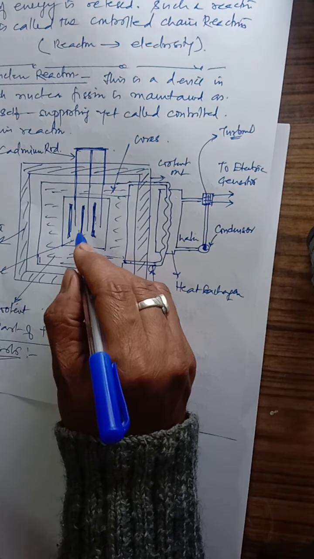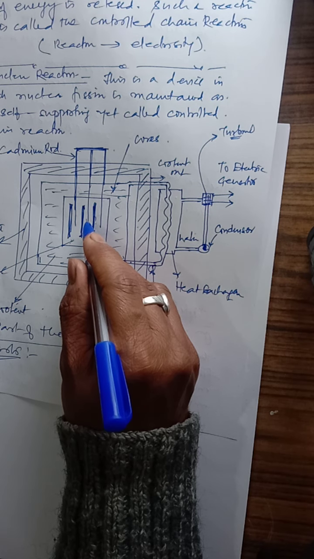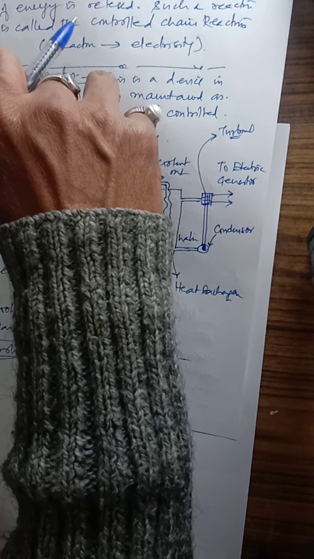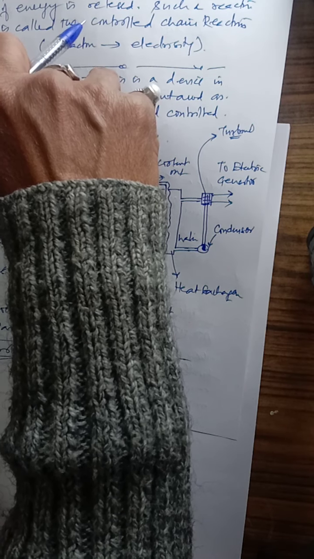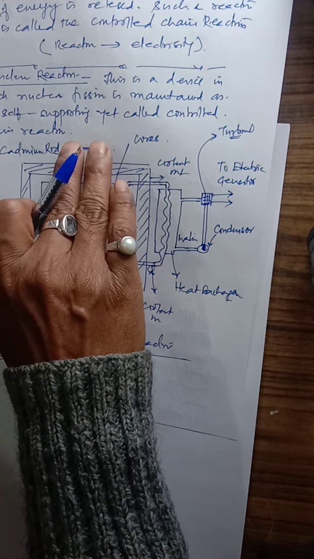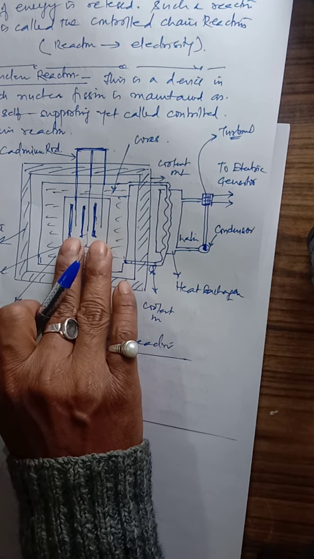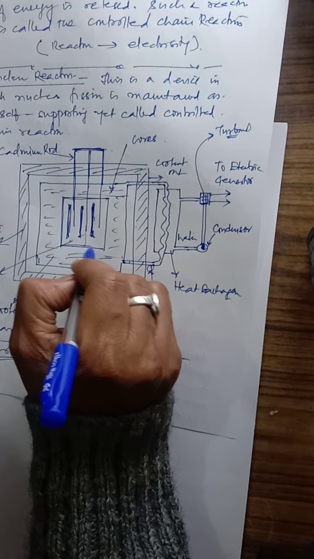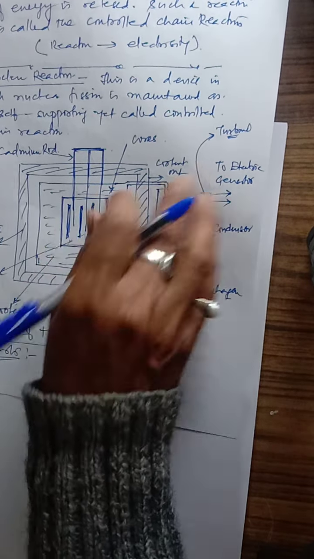When we are interested to reduce the rate of reactions, we have a system, so that when we put that system on, this cadmium rod is moved downward. So the reaction taking place here will slow down.